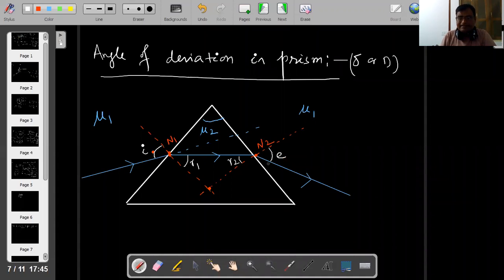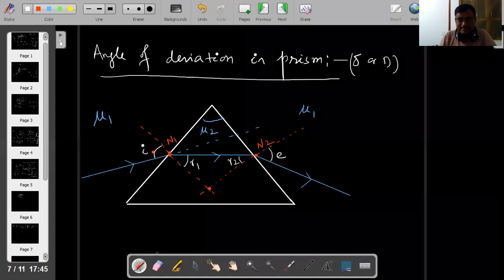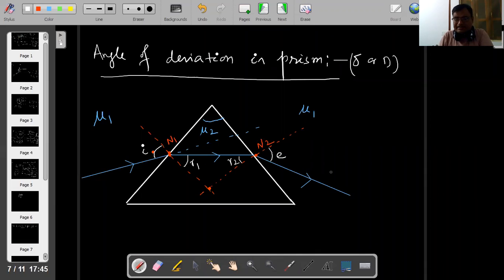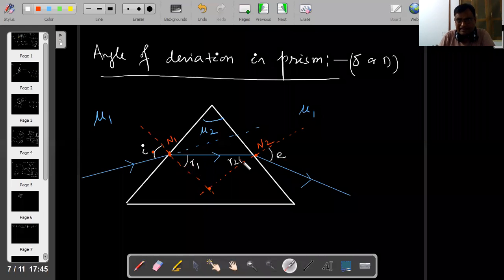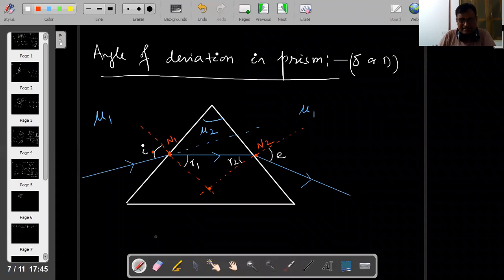Emergent, because the ray comes from the rarer medium and again moves to the rarer medium. And A is the angle of prism.